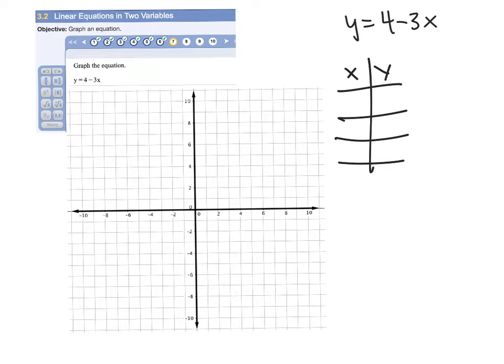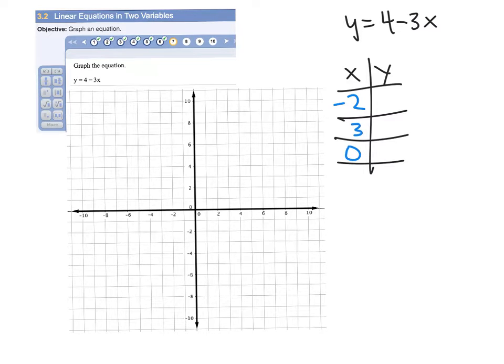And you can choose any values you want for, in this case, we're going to choose for x, because that's the easiest one. When you have a variable that's isolated, you let the other one be your independent variable, the driver of what's going on here. So we're going to do -2, let's do 3, and let's do 0.